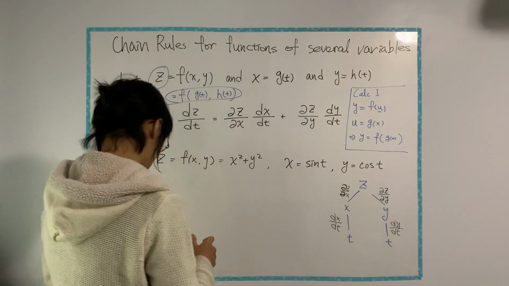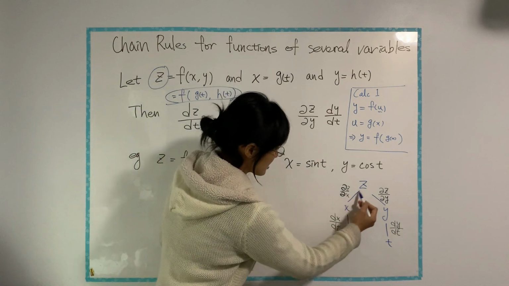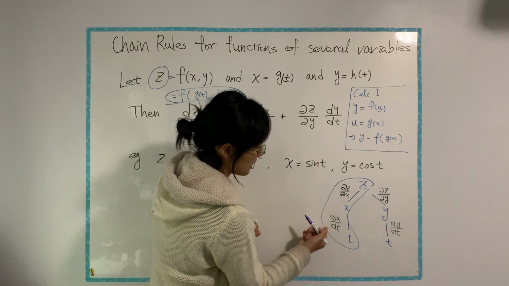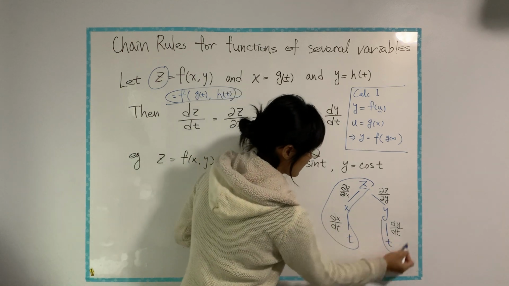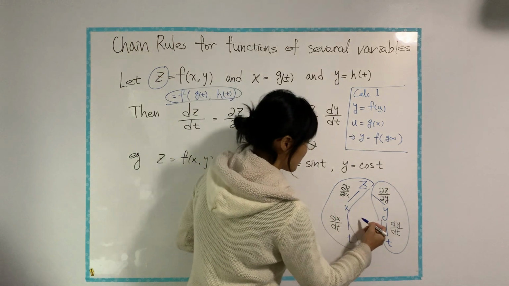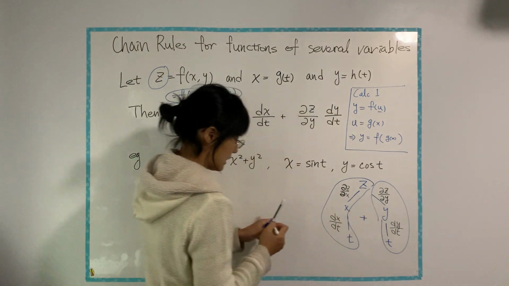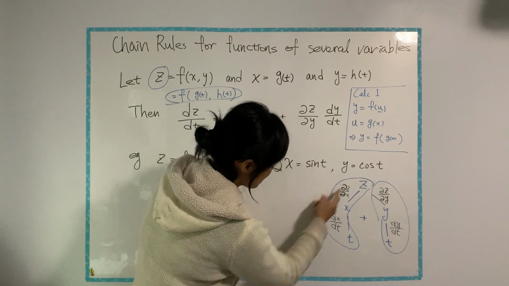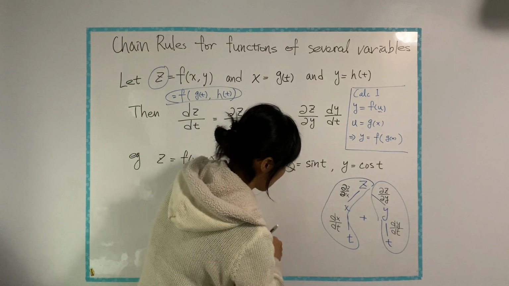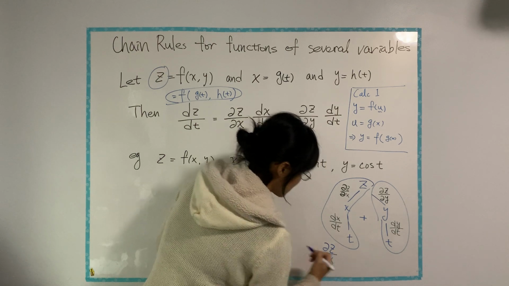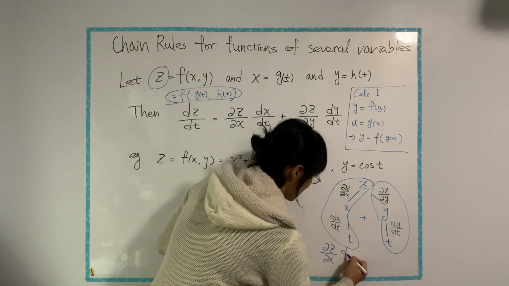All right. So now, whatever is on the same path, you multiply together. And when it's on a different branch, you eventually add it up. Okay? So what does this mean? Along this branch, you have dz/dx times dx/dt.